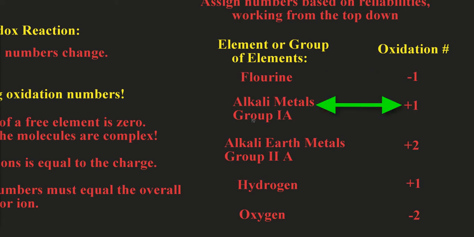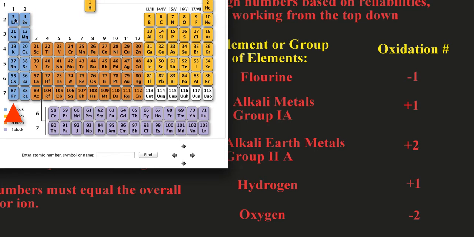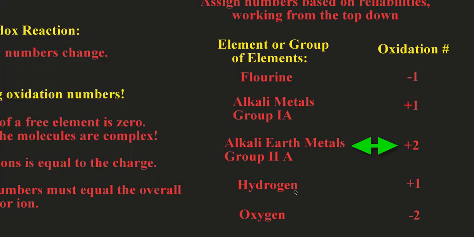Then the alkali metals, group 1A on your periodic table, are given a +1 charge. If you remember, everything here is alkali. And then after that, it's alkaline earth metals, group 2 on your periodic table. Then hydrogen gets a +1, then oxygen -2.